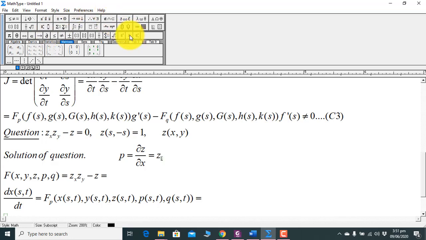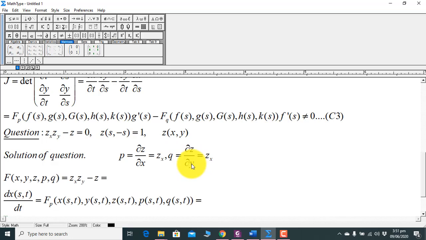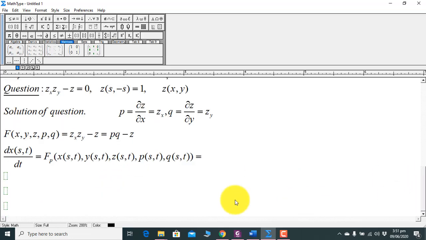Both are the same thing with different names. And q was partial z by partial y, or you can write z y. So this can be transformed into a new form, p q minus z. This is the general form used in the method of characteristics.